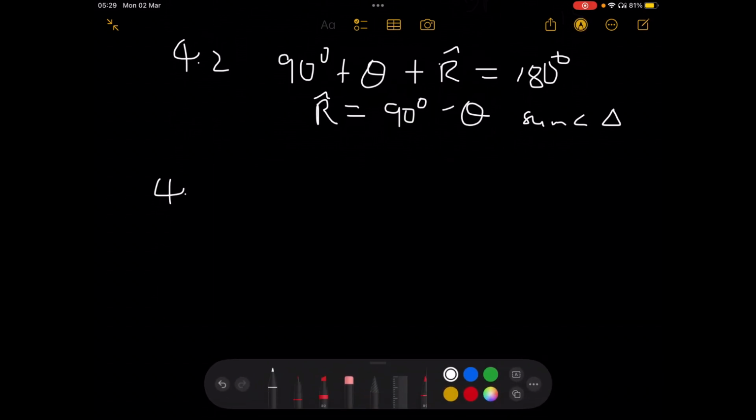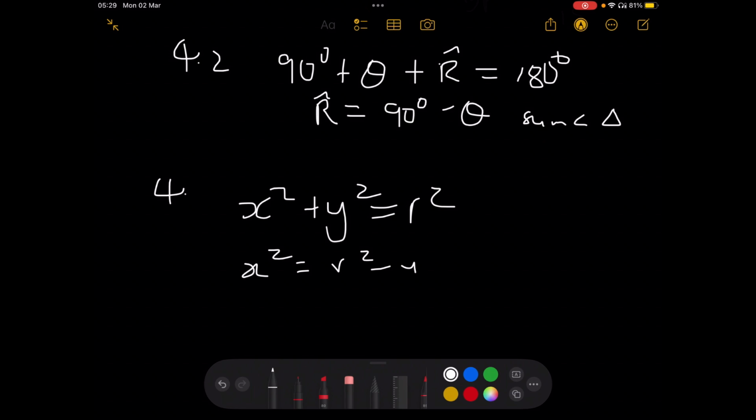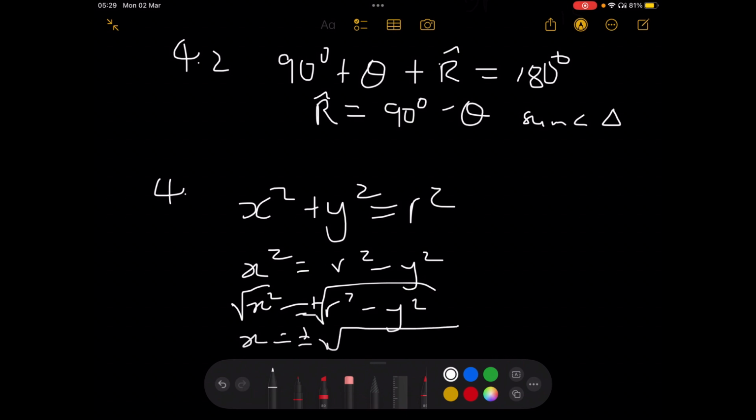Now we need the adjacent side. So which means x squared plus y squared equals r squared. Now we need x squared equals r squared minus y squared. Apply the square root here, and you say plus or minus. So x is equal to plus or minus the square root of, what is our value of r?